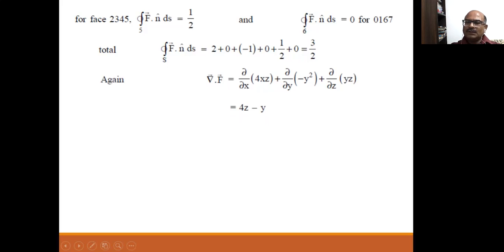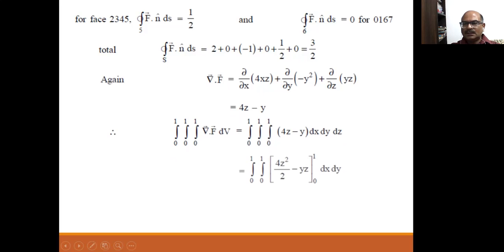And we now find the volume integral of this divergence using the limits of x, y, z from 0 to 1 for that cube. So we put the values, we solve it, and get the value 3 by 2.